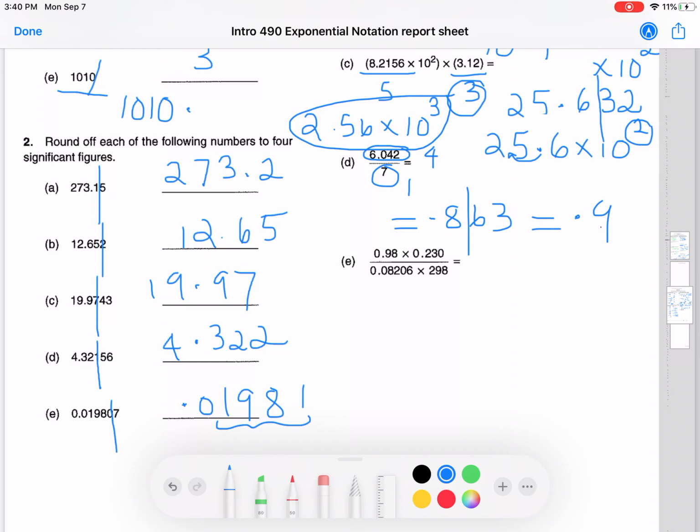And then again you have a multiplication and division. So here you go by the least number of significant figures. There are 2 here, 3 significant figures, 4 significant figures, 3 significant figures. So what is the number of significant figures that your answer is supposed to be in? It's supposed to be in the least number of significant figures, which is 2.